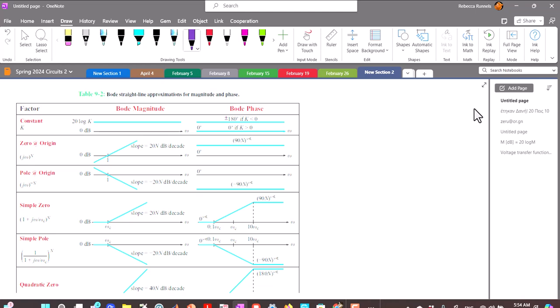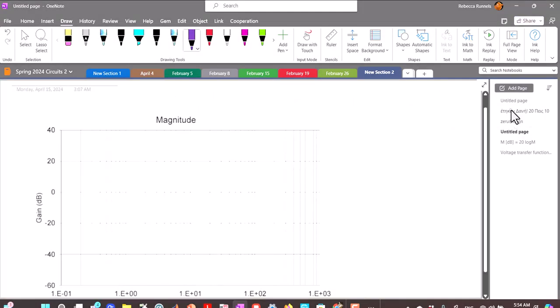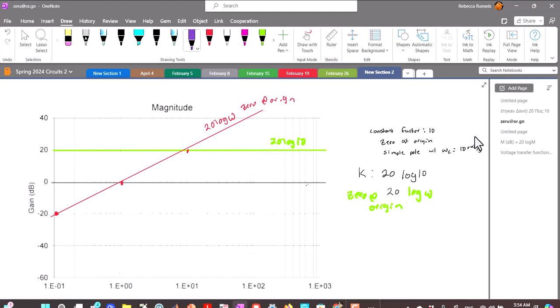N here is just 1 because it has no exponent. So we'll go to omega c. So omega c was 10. So we'll go to 10. Let's see. That's 1.